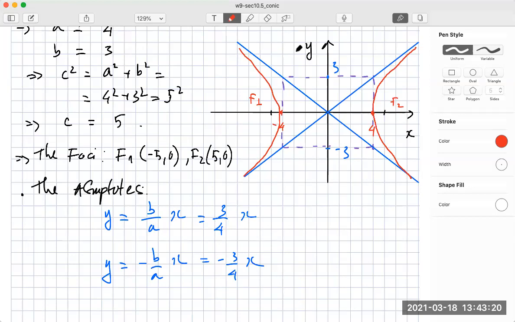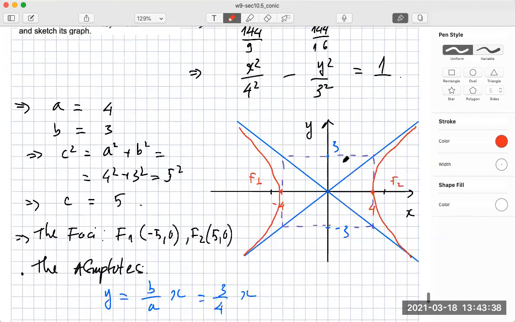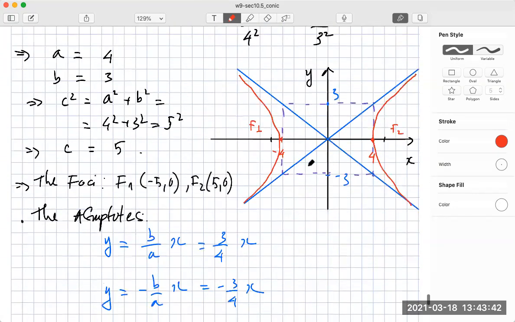That is how we can draw a hyperbola. And remember the ellipse, the previous example here: the ellipse will be inside this rectangle, right? That is the only difference. Okay, is it clear?